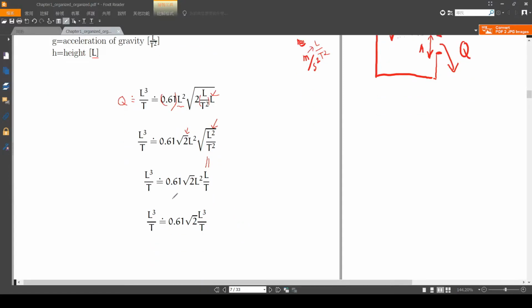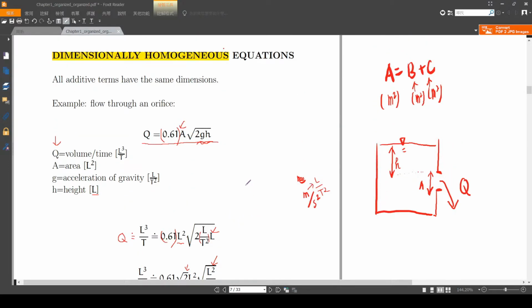So put the constants all in front of the dimensions. Eventually, you'll find that the dimensions on the left-hand side of the equation are equal to the right-hand side. This is called a dimensionally homogeneous equation. Okay?